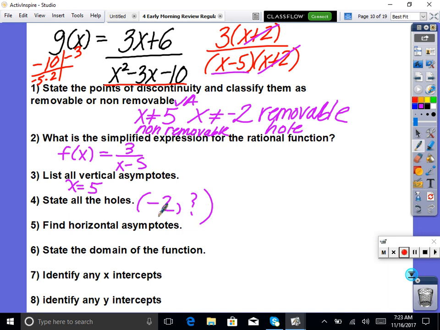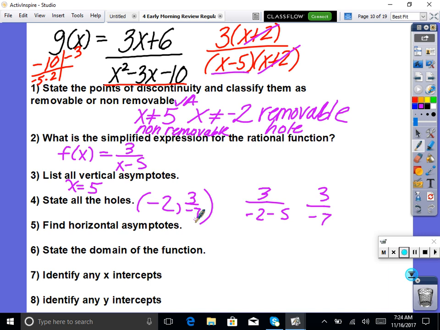Don't we take negative 2 and plug it into the simplified function? So let's do that. We would do 3 over negative 2 minus 5. So wouldn't that be 3 over negative 7? So our answer would be negative 2 comma 3 over negative 7.